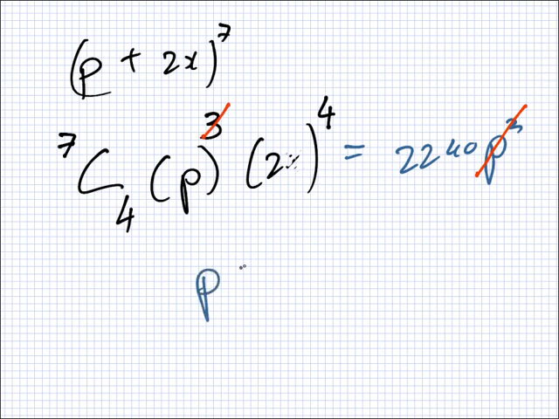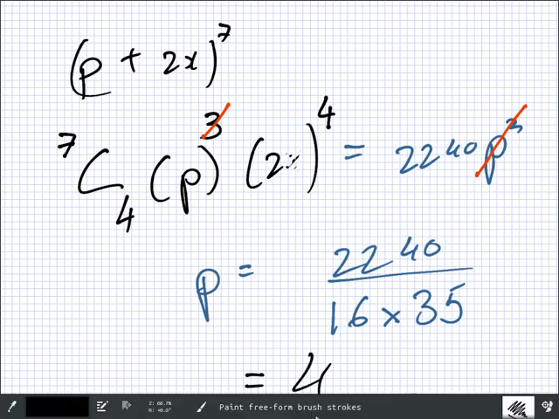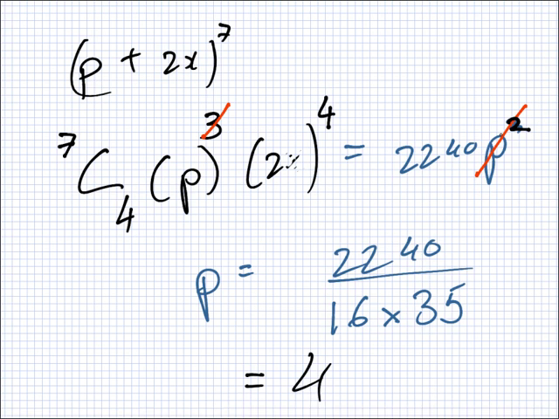And you get p equals 2240 over 24816 times, and then this one here is 35. How to cancel that? It's not 1, it's p cubed, and the p squared. Oh, it's squared. I thought it was squared. I forgot it.